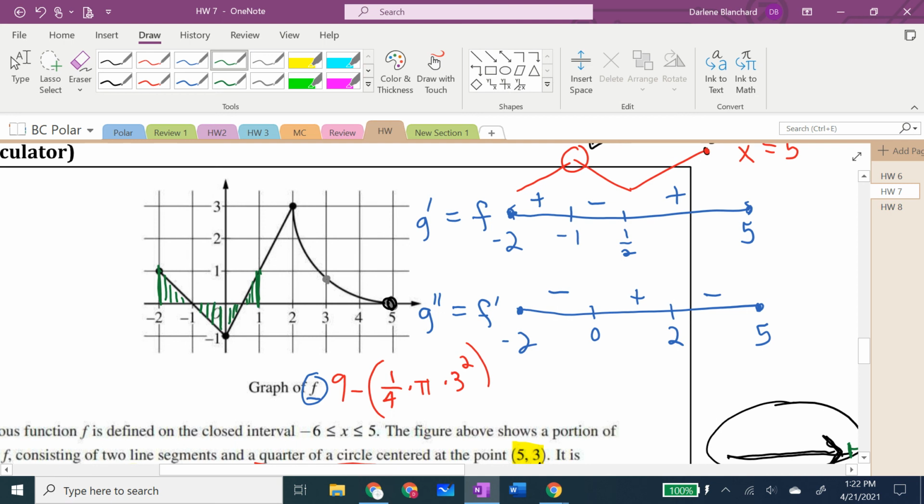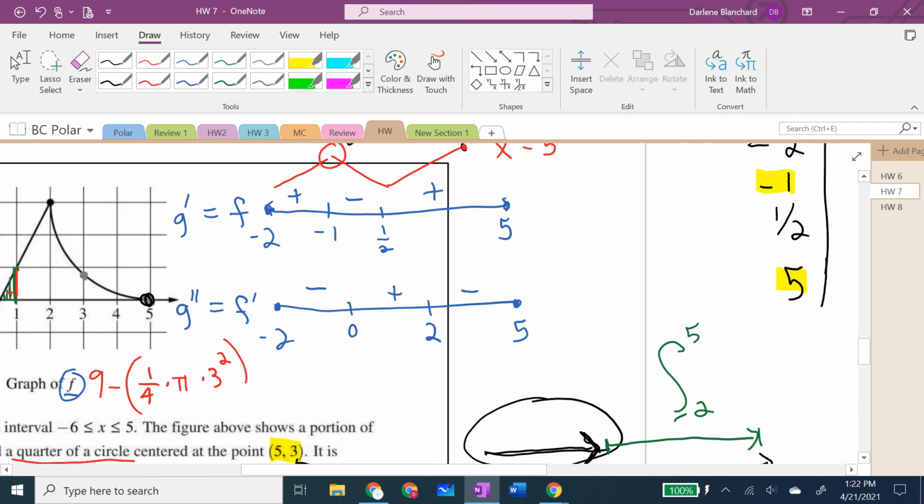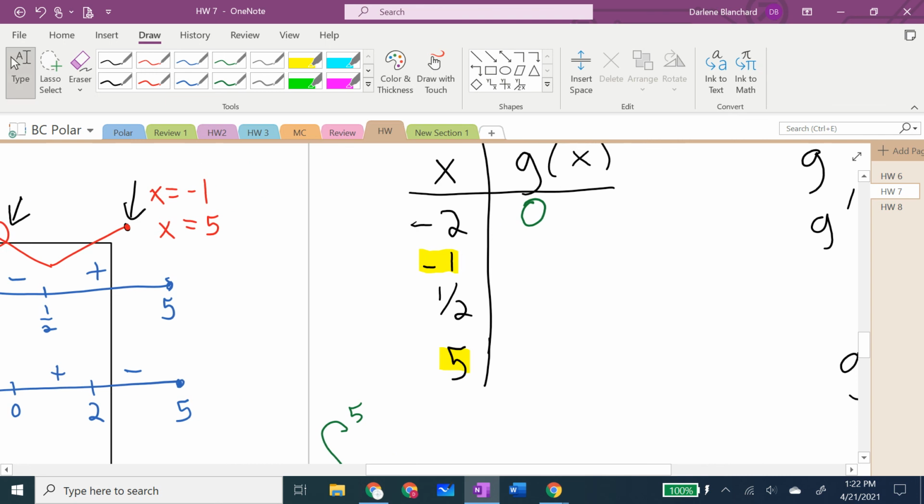And that will allow you to see which regions you're actually looking at area. And if you remember, this came out to adding nothing because we've got positive, negative, same area, positive, negative, same area. I am adding nothing to the 0 that I already had.